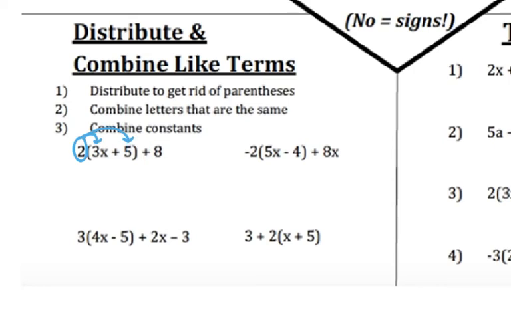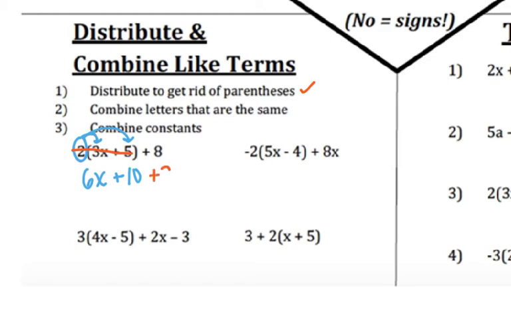So 2 times 3, that is 6x. 2 times 5 is positive 10. So I successfully distributed that number into those parentheses by multiplying, and I got 6x plus 10.